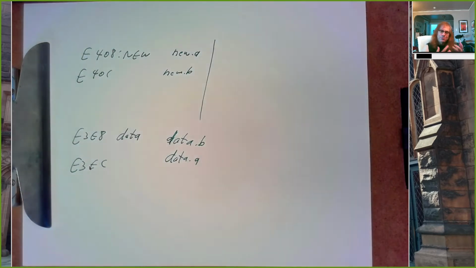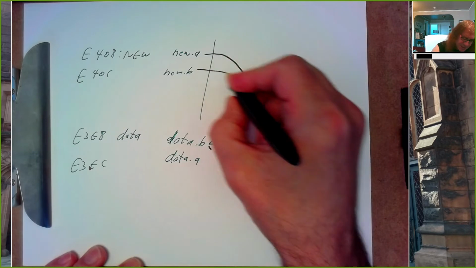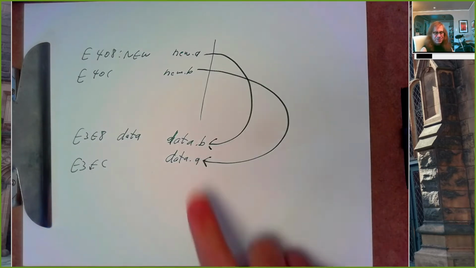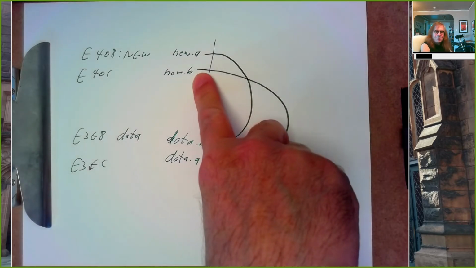Now when the code is running, we've got ones and zeros in memory, the CPU's pulling them out and executing them. And it says, hey, you want to pass this variable new to this function myprint. All it does is take these 4 bytes, copy them there, take these 4 bytes, copy them there. And the effect is, in my myprint function, when I ask for data.a, I'm looking at a value that was copied from new.b.